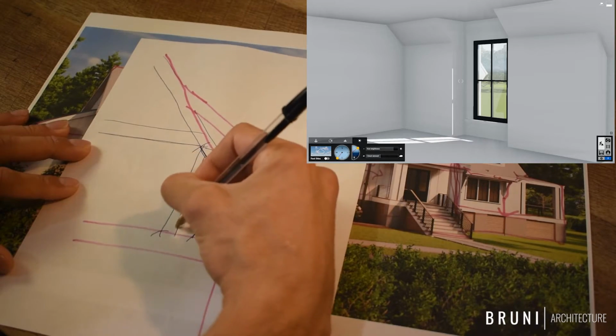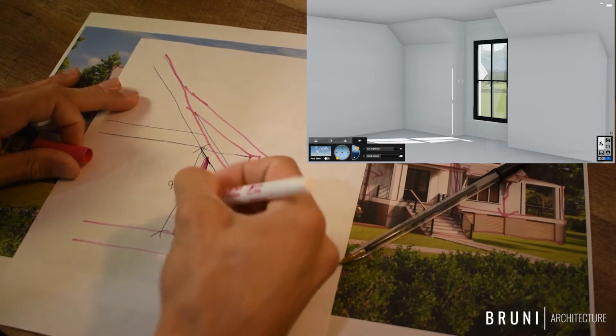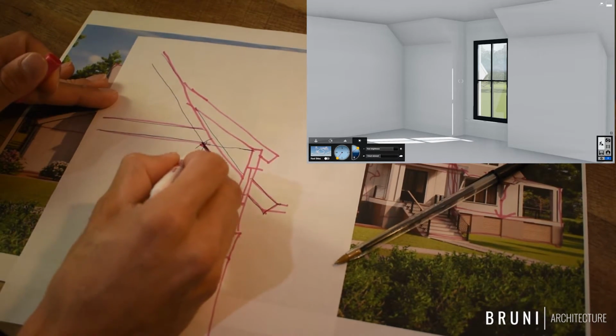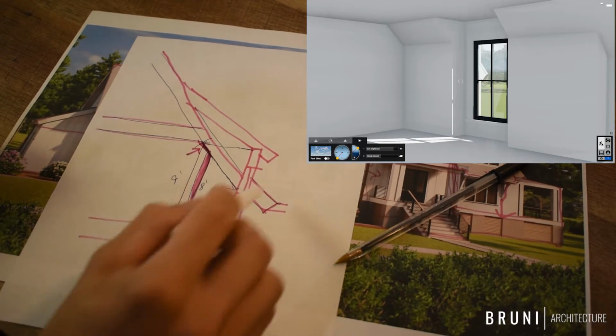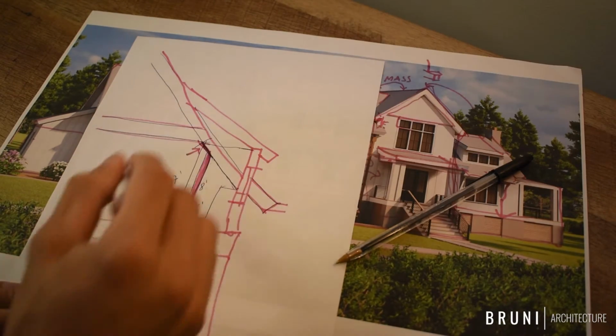So you'll have a wall here, and you have this little tray piece that comes up. This is a very common detail. And then inside the house, you'll have this little alcove for this dormer piece.